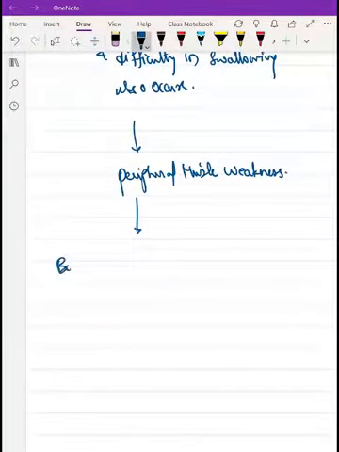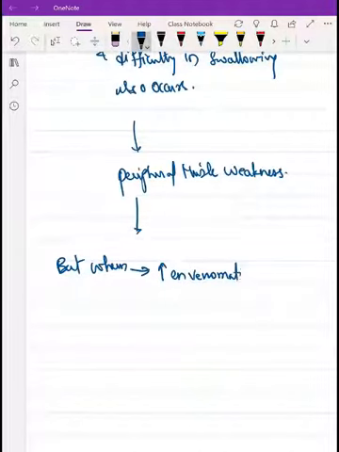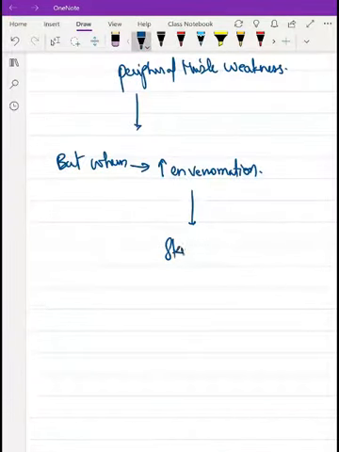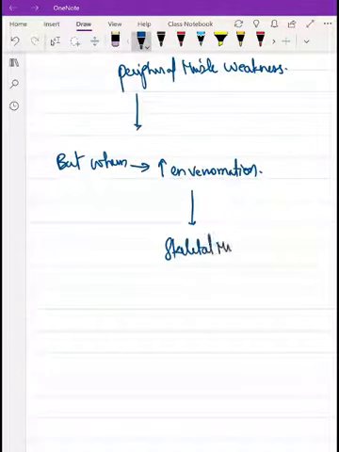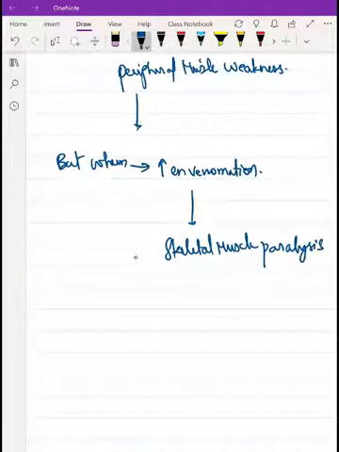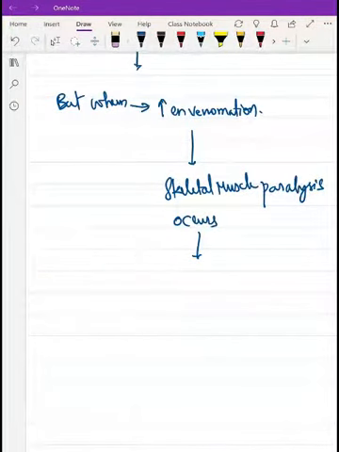But when the envenomation is more, that is, when the snake injects more venom, skeletal muscle paralysis occurs, leading to death.